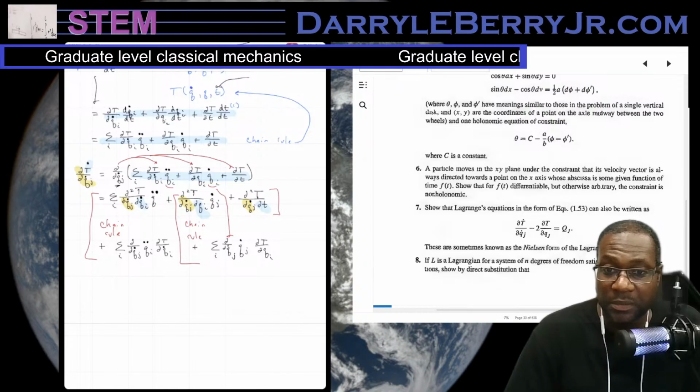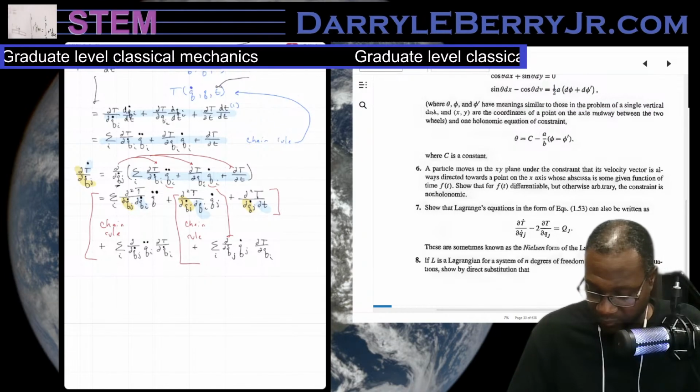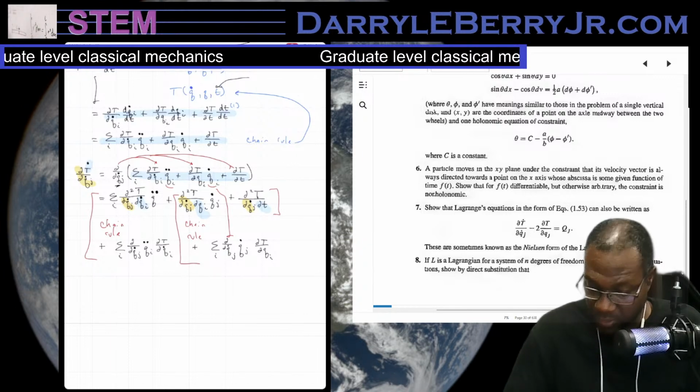Another thing she did was, the ones that's squared is the derivative of T. The ones that's not squared is the derivative of the multiple here.